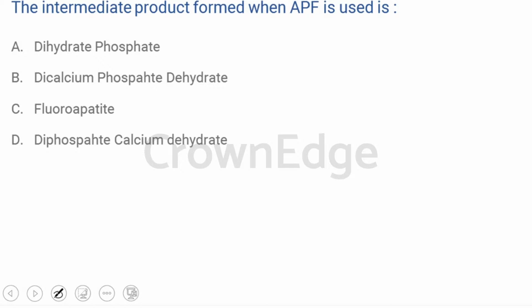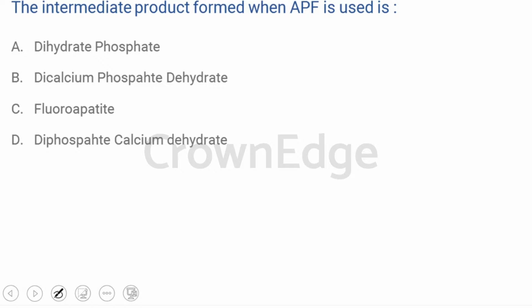But in APF, it is not that way. You have an intermediate product, and how much of this intermediate product is formed determines the anti-cariogenic effect of APF. So the answer is B. DCPD, or dicalcium phosphate dihydrate, is highly reactive with fluoride, leading to the formation of fluorapatite.